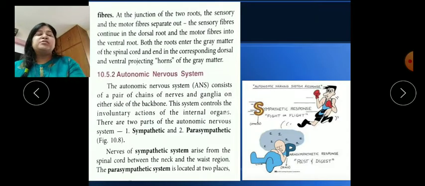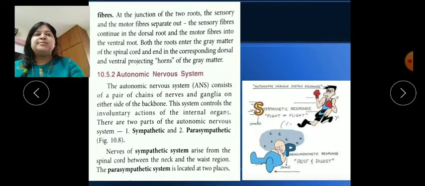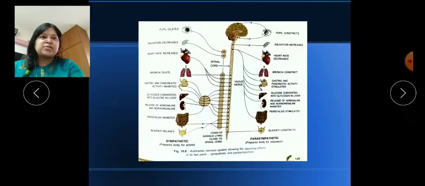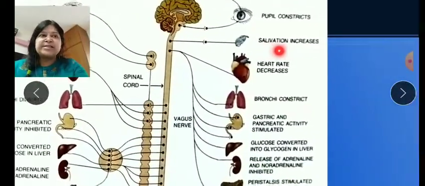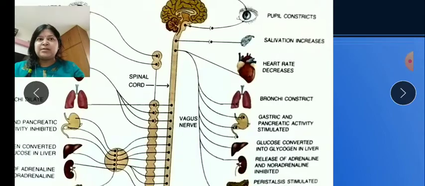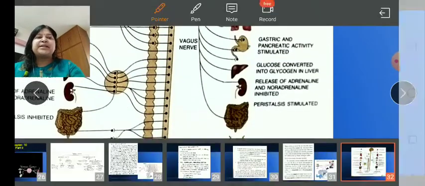In that condition, again within a few minutes you will not feel stressed, okay. Your heartbeat also becomes normal. Here you can see so many things are given. Your salivation also increases, meaning your body becomes normal again, okay. That condition is called parasympathetic, okay.